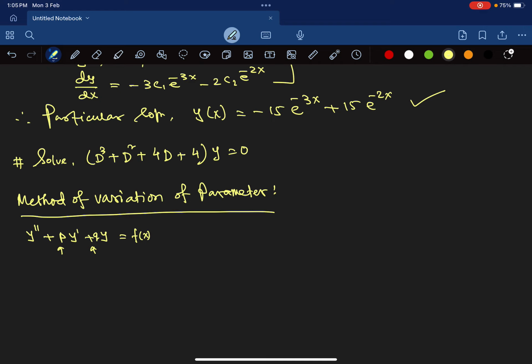Here the general solution is CF, the complementary function, plus the particular integral.